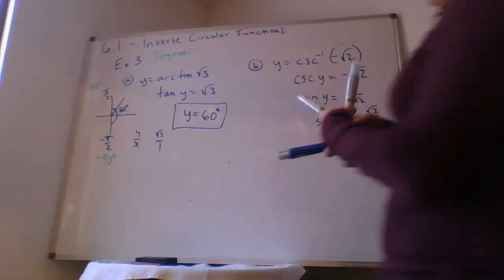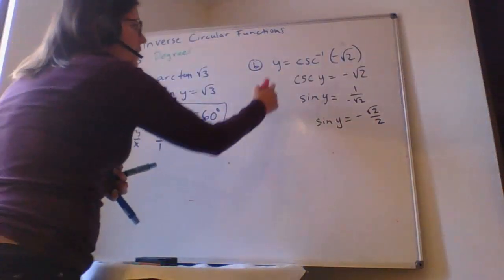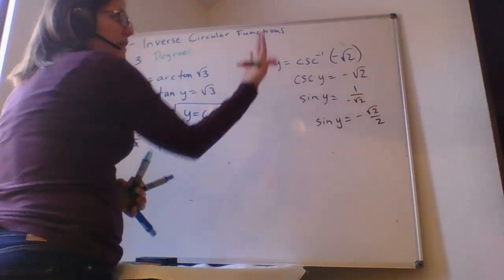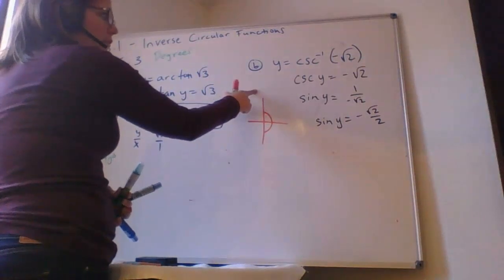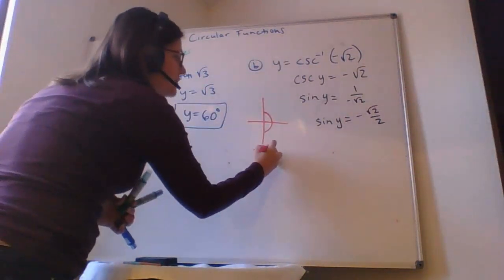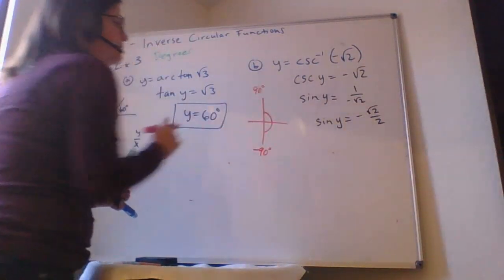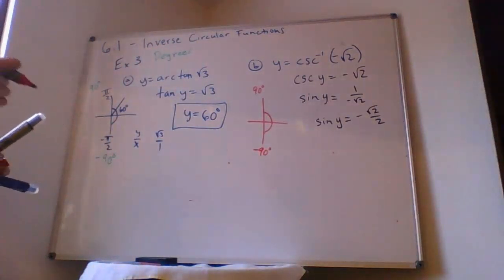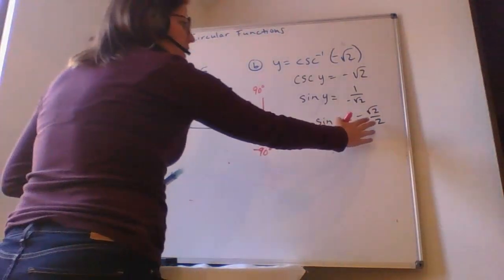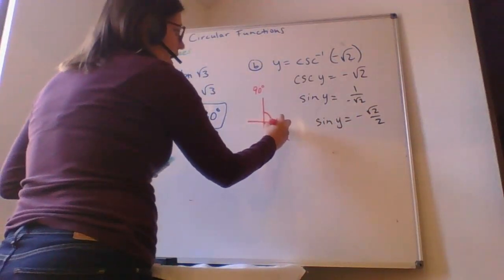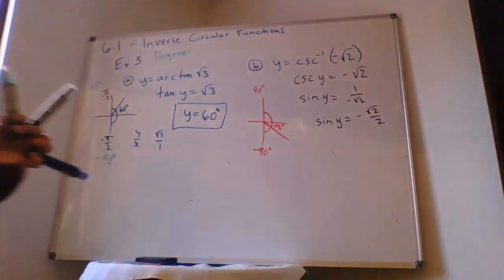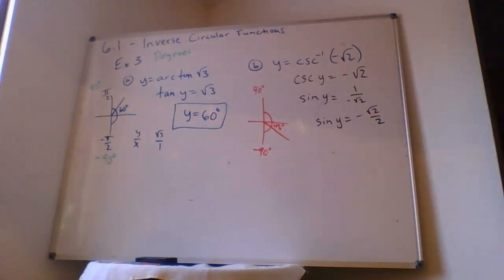But let's be careful, because cosecant inverse and sine inverse are negative pi over 2 to pi over 2, or in degrees, negative 90 degrees to 90 degrees. So if the sine is negative and we realized our reference angle is 45, now you have to be careful on how you're going to express this.